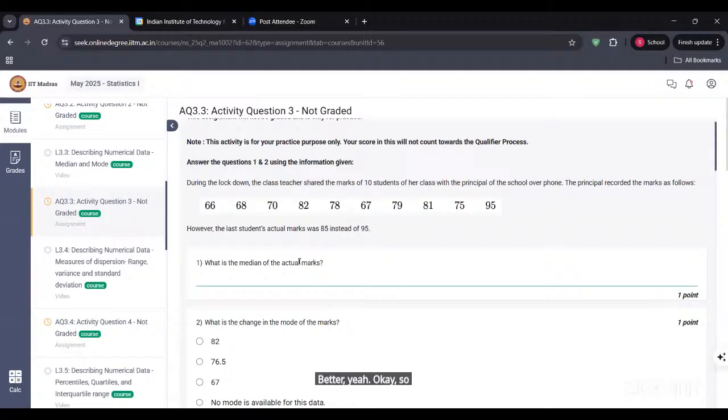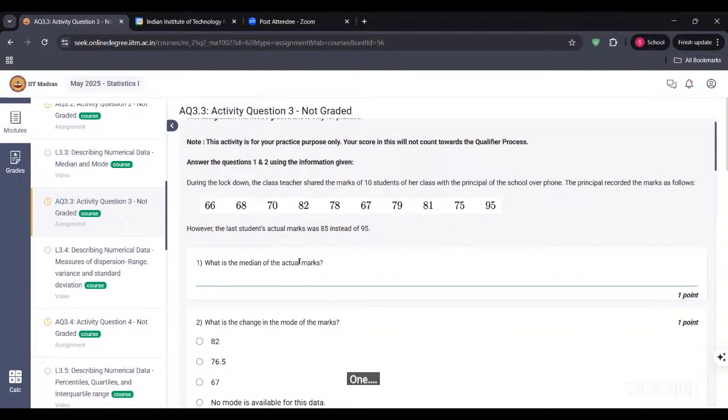Okay, so what is a mode? If the data is changed, then the mode is 85. No, I'm asking the definition of mode. What is mode? Most frequency. Okay. So what is the frequency of 66? 1.